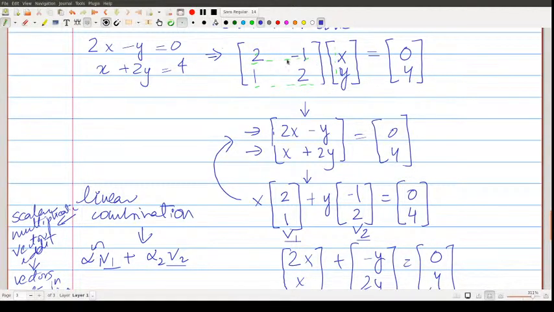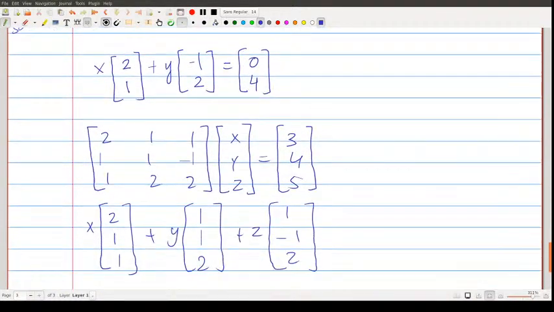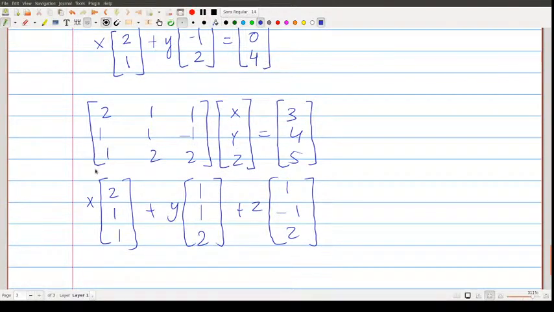So if you're frustrated by that method, you can simply look at it in the form of a linear combination: x times the first column, y times the second column, z times the third column, and this left hand side equals the right hand side, which is (3, 4, 5). So this is how to see the system as a linear combination of vectors.